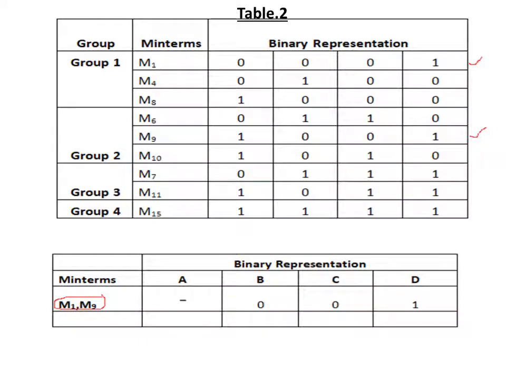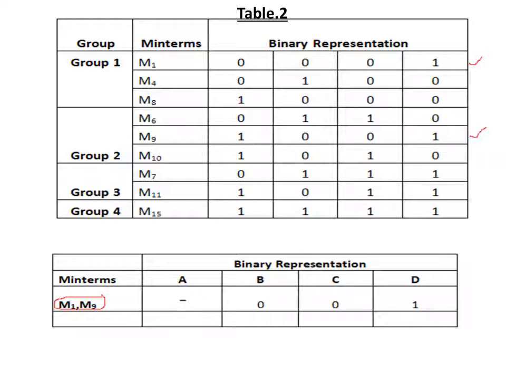So here, in the comparison of group 1 and 2, we compare group 1 minterm 1 with the group 2 minterms to find which one has a single bit change. Group 1 minterm 1 and 9 differ by a single bit change.